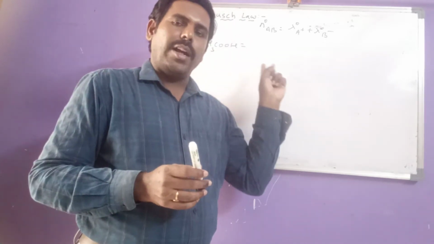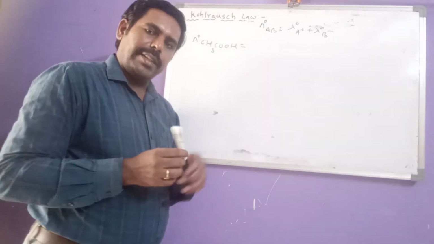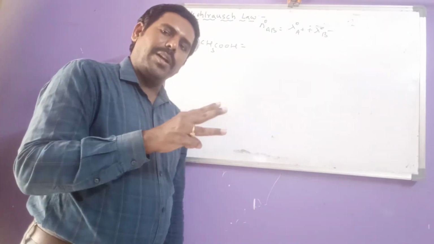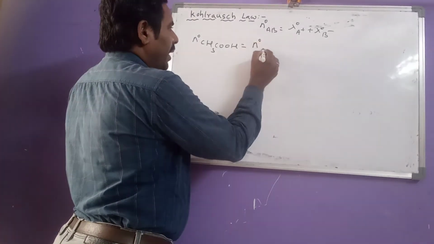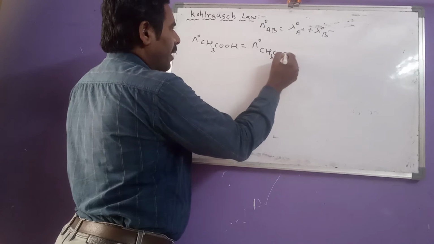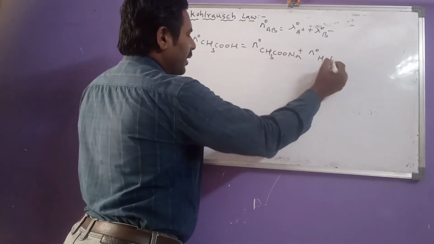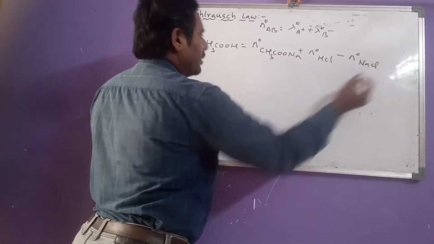According to Kohlrausch, to determine Λ naught value of acetic acid, we need the assistance of three Λ naught values. So see what are those? We have to add Λ naught sodium acetate value to Λ naught HCl, and we have to subtract Λ naught NaCl.